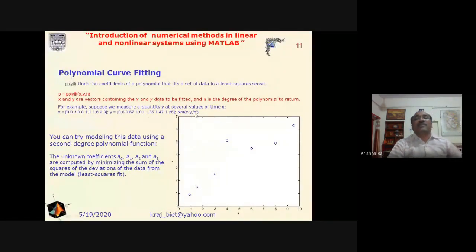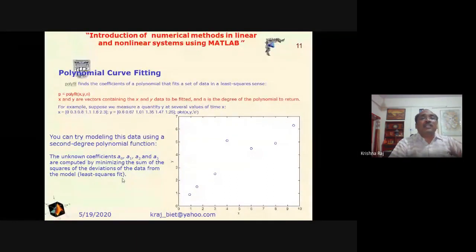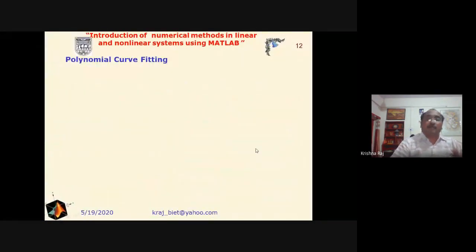As we have discussed yesterday, during the plot command, we have to use the independent and dependent variable along with the line specifier here. Here we will use the least square fit concept in order to get the curve along with the given data.